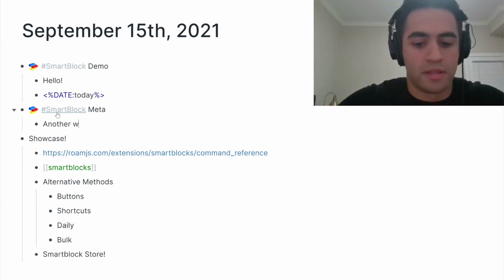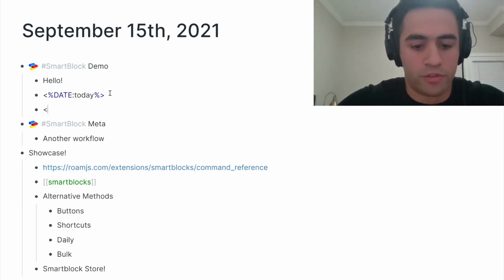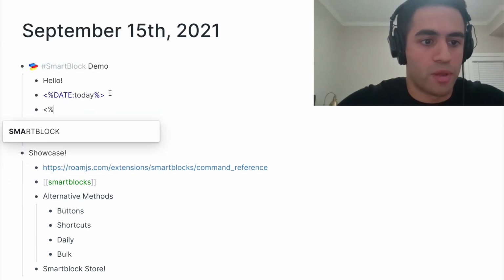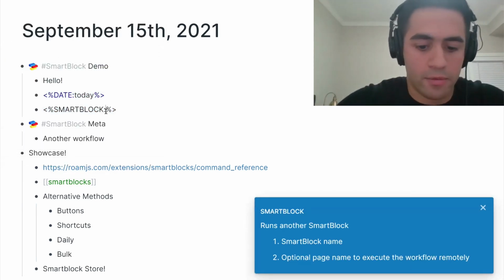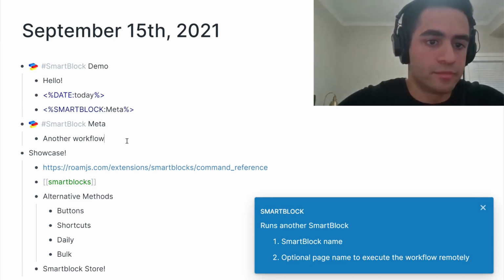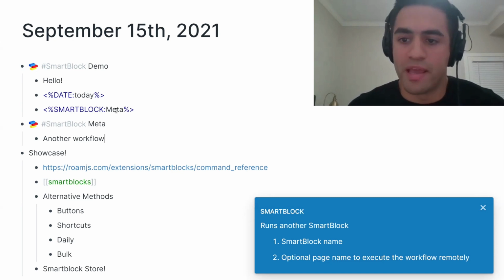So let's say I have this workflow here, and then in our demo, we want to do the SmartBlock command and put meta. So this basically says run the SmartBlock workflow with the name meta.